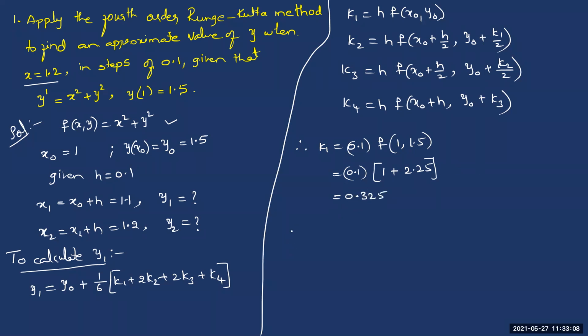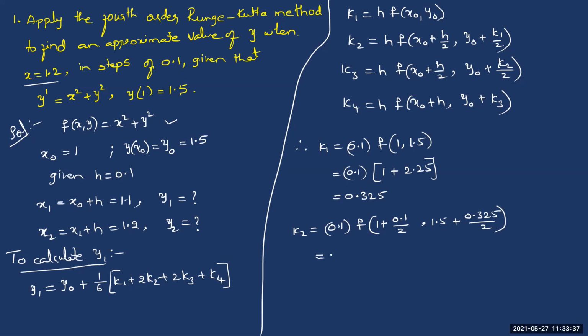So that's k1. Now similarly, if I calculate k2, k2 is h, 0.1, into f of x0 plus h by 2. x0 is 1 plus 0.1 divided by 2, comma y0, which is 1.5 plus k1 by 2. k1 is 0.325, which we got just now, divided by 2.